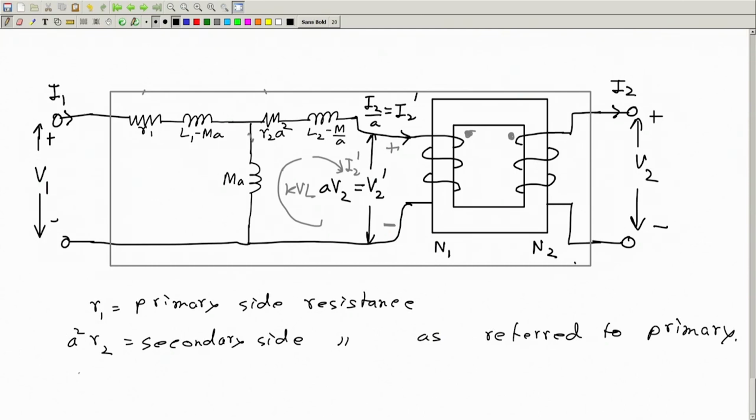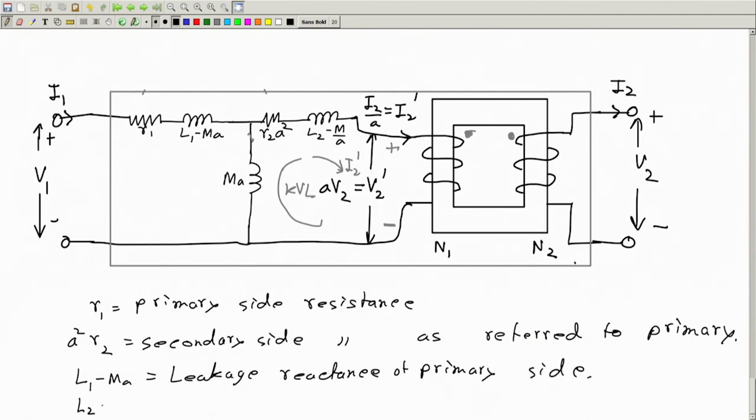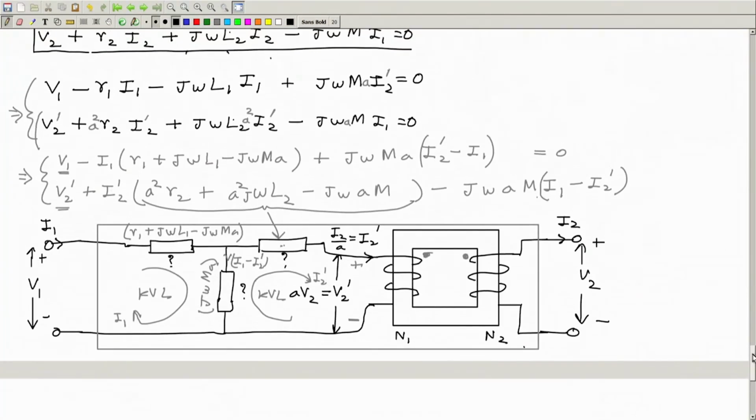And then this factor L1 minus MA is called the leakage reactance, primary side. This factor L2 minus M by A, I think there will be an overall A square factor I have missed.